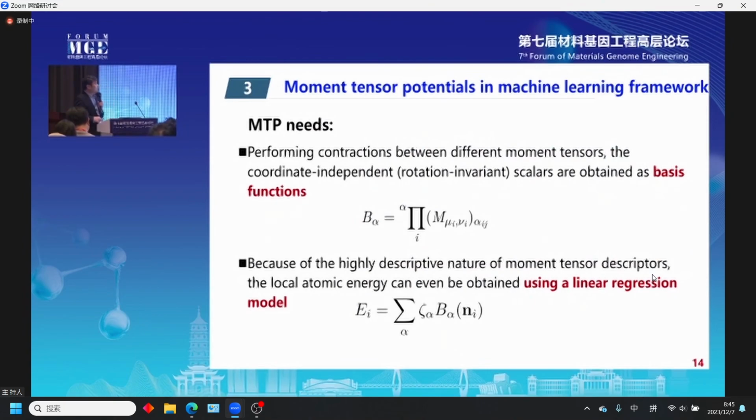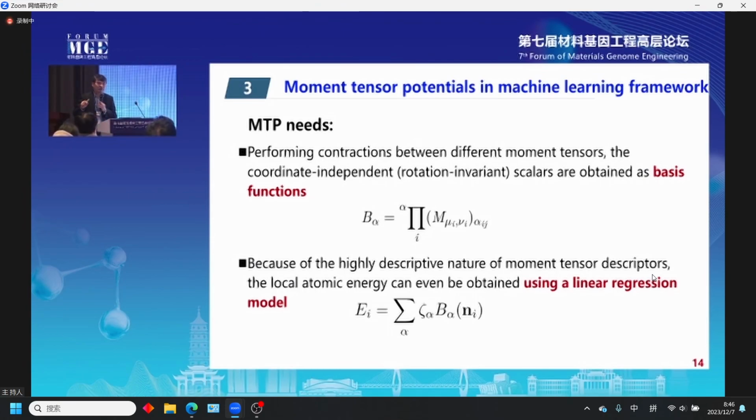But the difference is that you use the moment tensor potential in a machine learning framework. This MTP still needs to perform contractions between different moment tensors, giving coordinate-independent basis functions. For example, whatever reference system you use, the final energy should be the same.